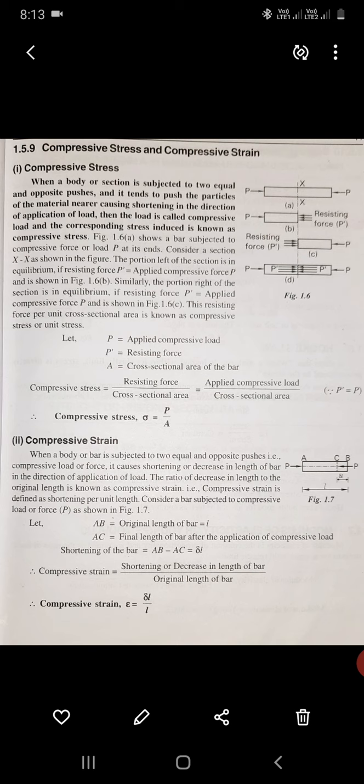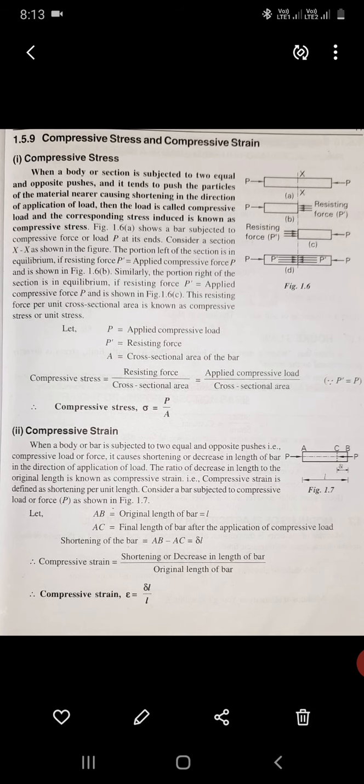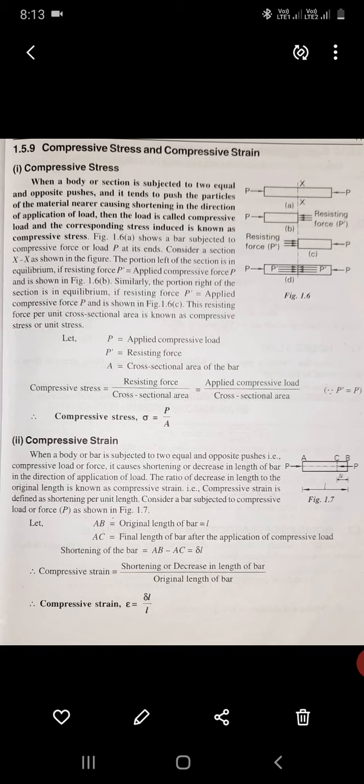As you see in the figure, the load P is pushing the element in both directions. The element is trying to resist this force, and the stress induced in that element because of this force is called compressive stress. It is nothing but resisting force upon cross-sectional area, compressive stress sigma equals P by A. P is the resisting force, A is the area.